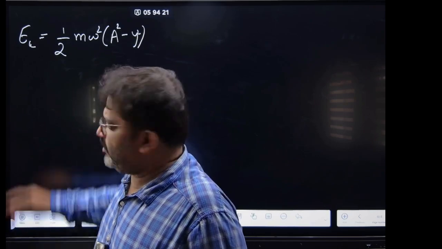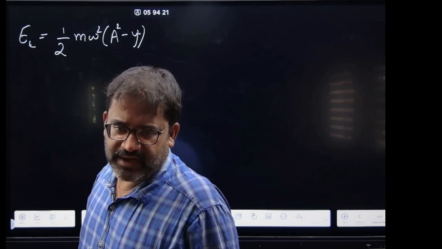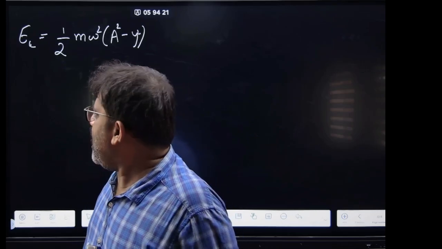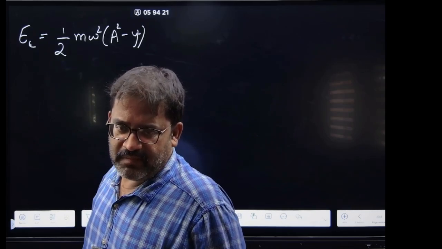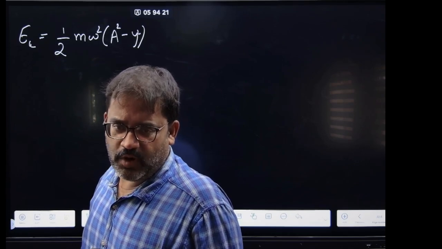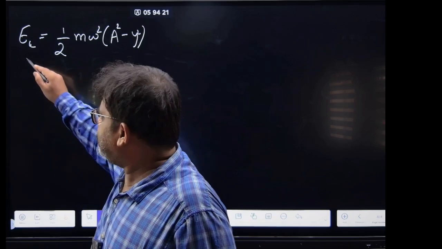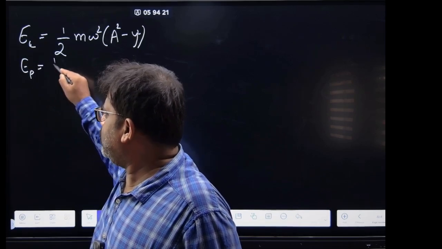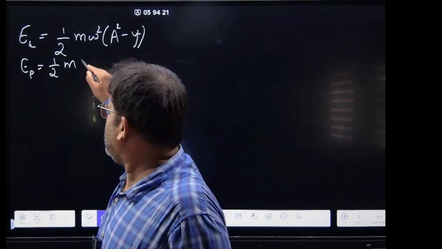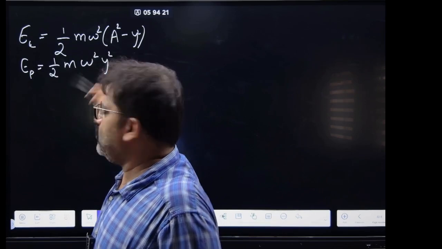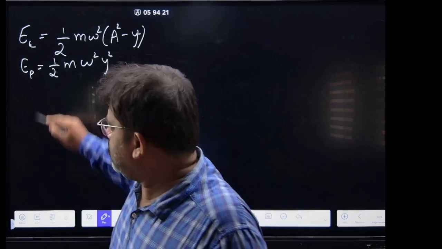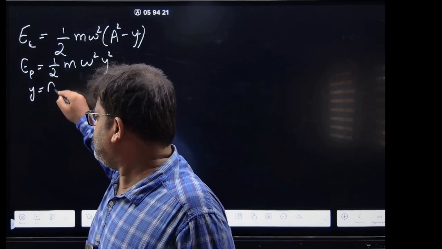In the same way, potential energy is equal to half m omega square into y square. Now here y is equal to A by 2.